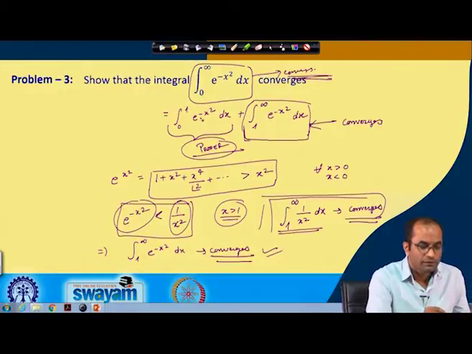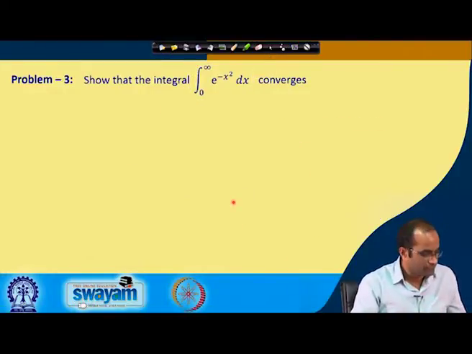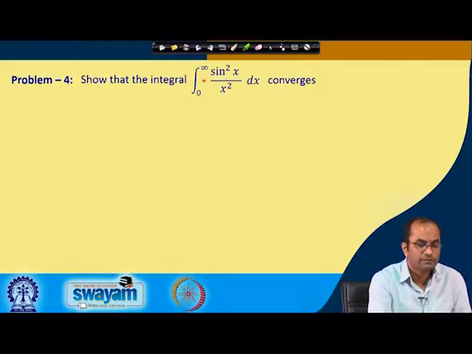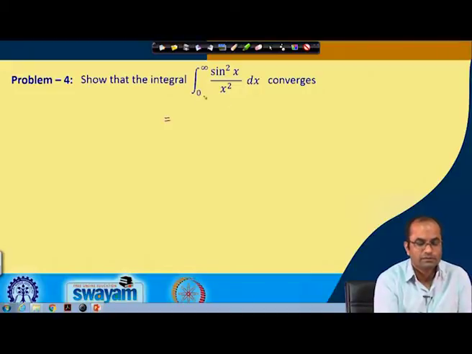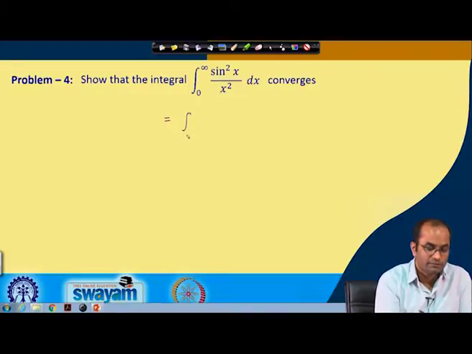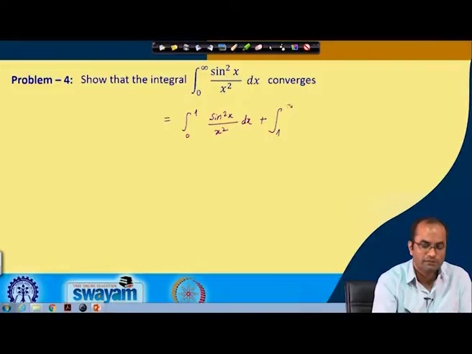So, now we will take one more example. Show that this integral 0 to infinity sin square x over x square dx converges. So, in this case we will also deal with this, because at x equal to 0 we have this problem here with x. So, let us just break it again into 0 to 1 sin square x over x square dx, plus then 1 to infinity the rest, sin square x over x square dx.